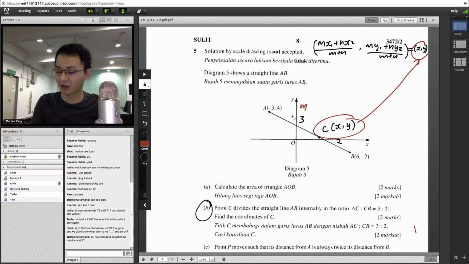In this case, I can call m equals 3 and n equals 2. Then you just do some substitution.